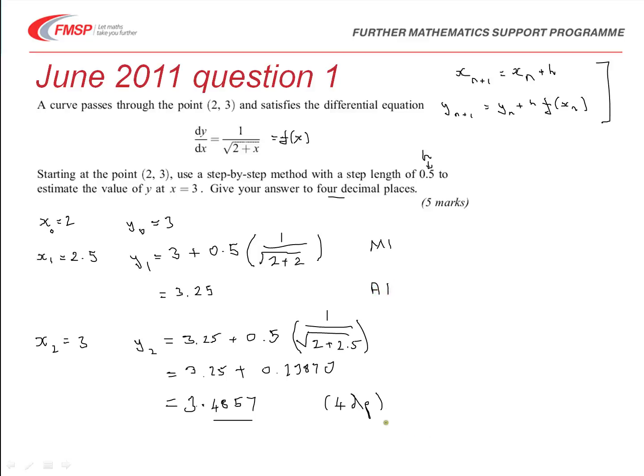And again, for applying a correct method for the second iteration, and for an appropriate calculation being done here, and then for stating an answer to the correct number of decimal places, you get the final accuracy mark at the end of that particular question.